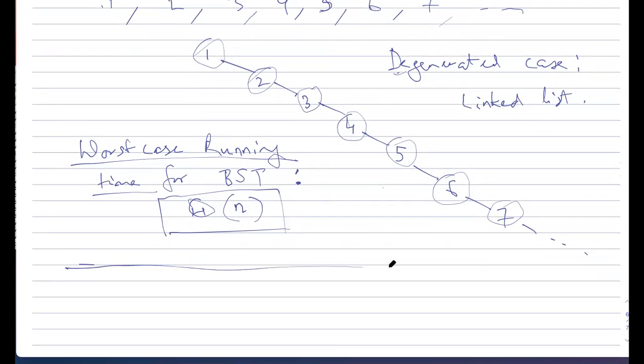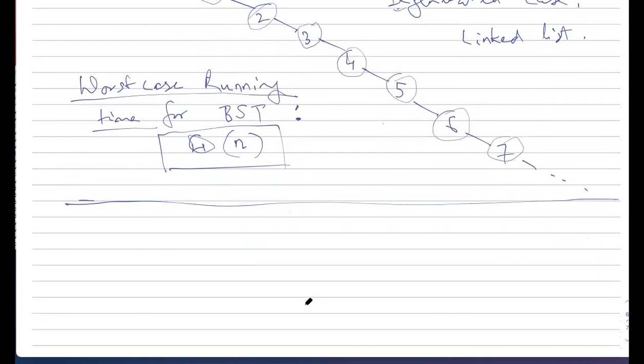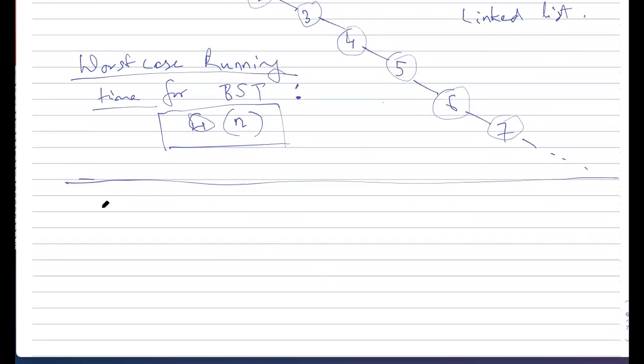So that's why the discussion does not end here. We have to discuss other forms of binary search trees which are in a more balanced form. Like there are AVL trees, there are red-black trees, there are splay trees.